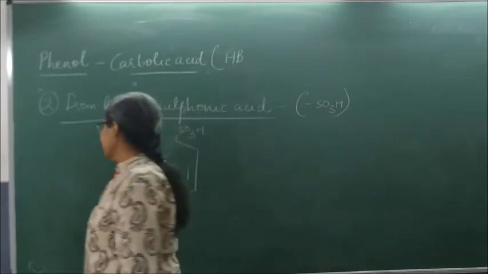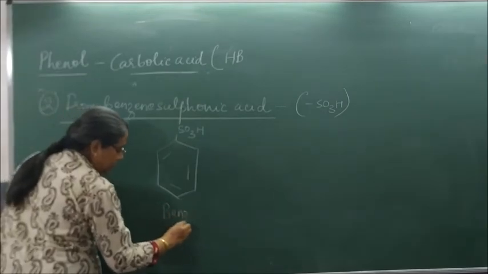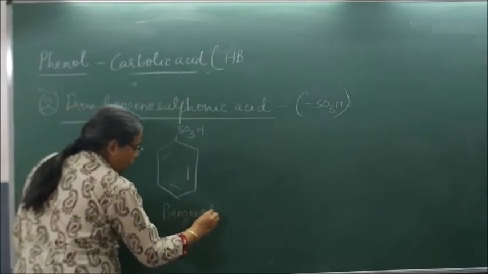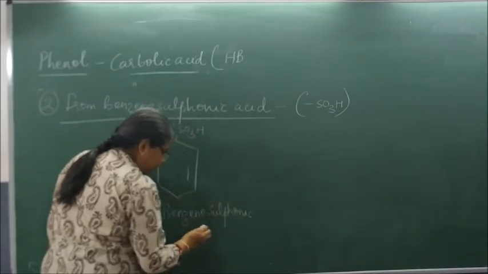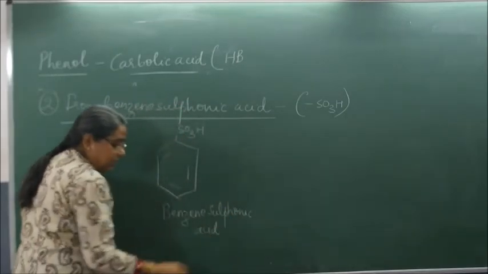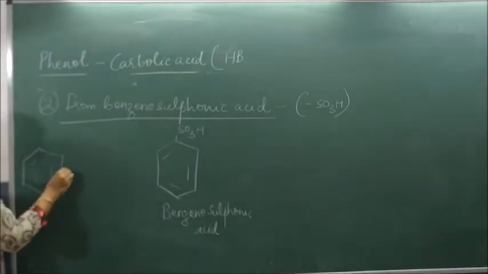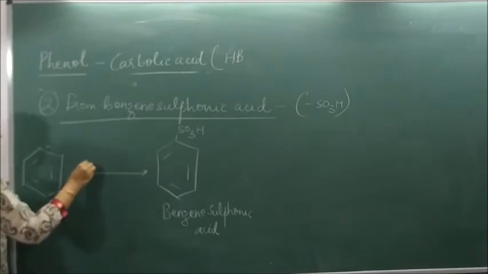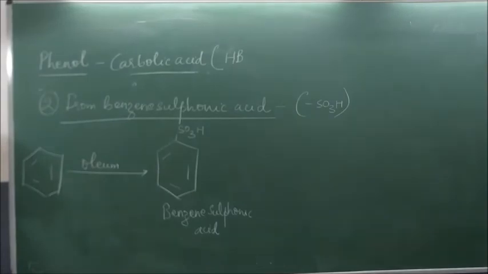See, this is benzene sulfonic acid. So what have we written? This benzene sulfonic acid is obtained when benzene reacts with oleum. What is oleum? Sulfuric acid, when it is obtained, is always obtained in the form of oleum.